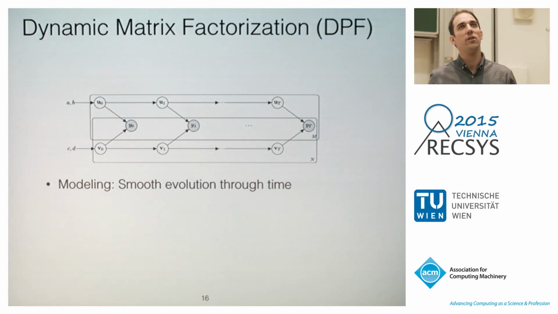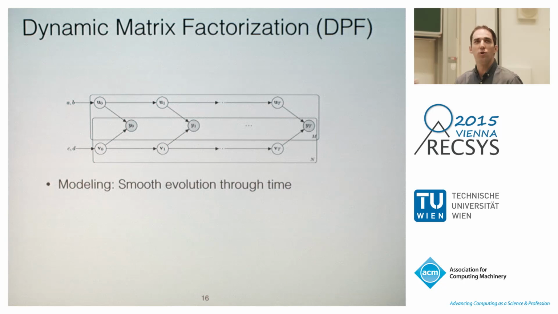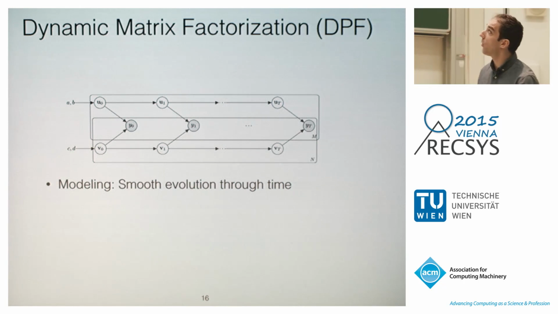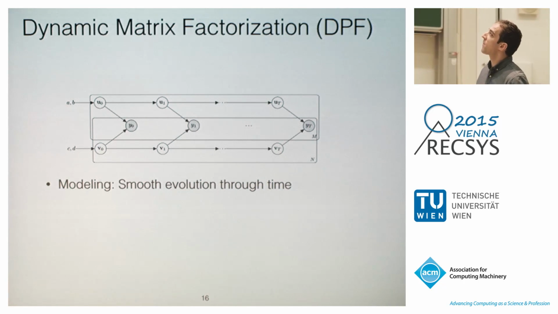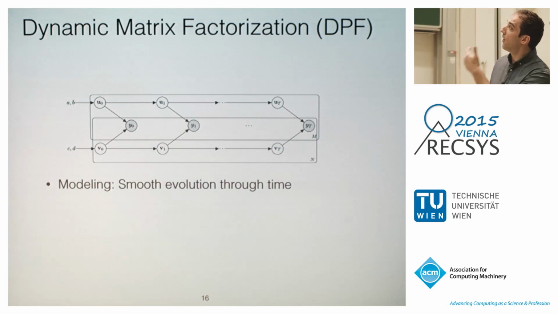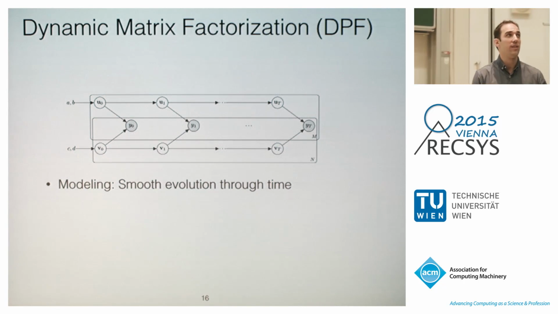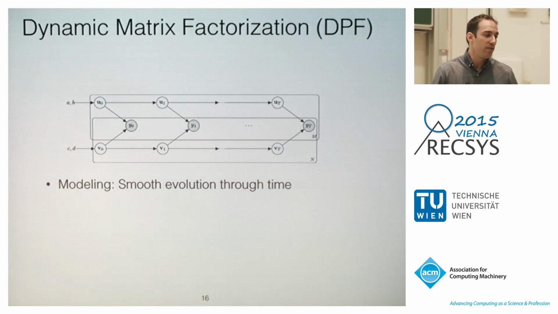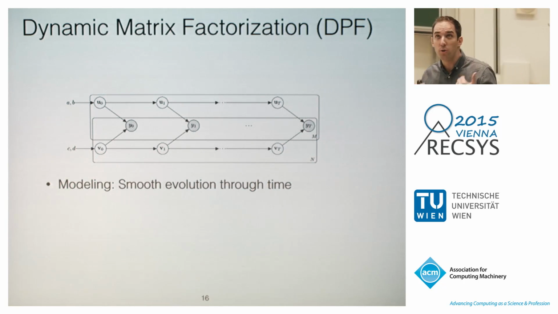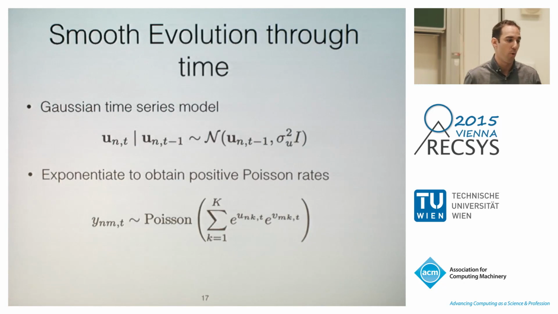Rather, what you would like to do is for future time steps to be influenced by previous time steps, right? And this is what I show here, where my latent factors, U's and V's, at a particular time step are influenced or are given by the U's and the V's at the previous time step. There are several ways we could do this from a mathematical point of view.